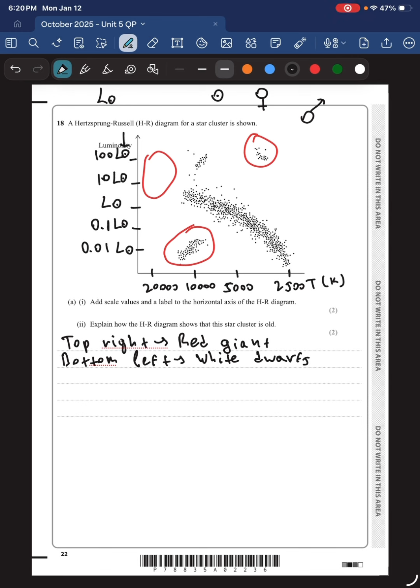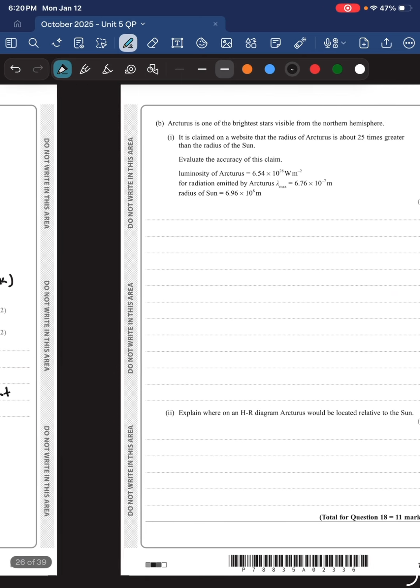And we don't have many blue giant stars. Actually, we don't have any blue giant stars, but maybe one can claim that maybe this is a blue giant. So yeah, let's move on.